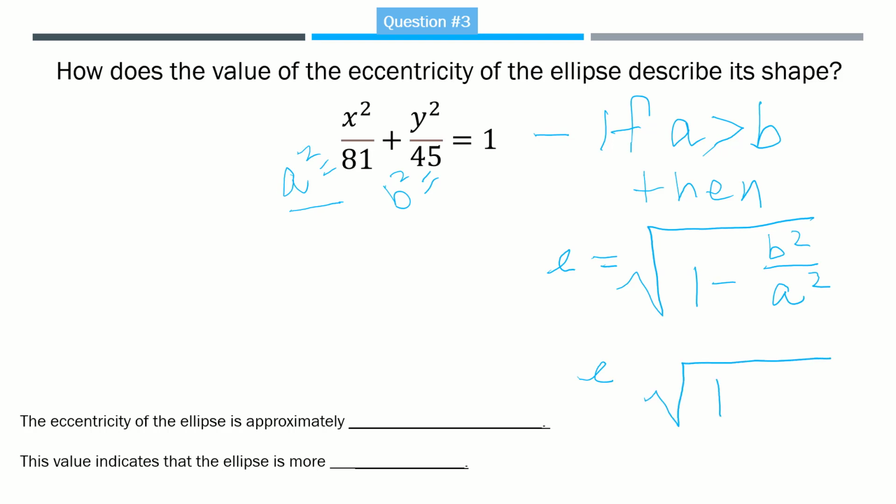So we want the square root of 1 minus 45 over 81. Let me simplify this a little bit. Can we simplify 45 over 81? I think both of those are divisible by 9. 45 divided by 9 is 5, and 81 divided by 9 is 9.